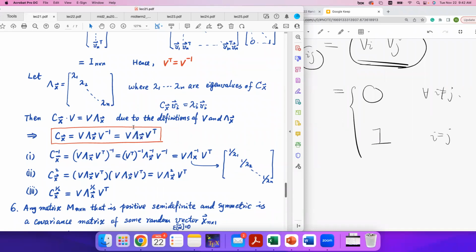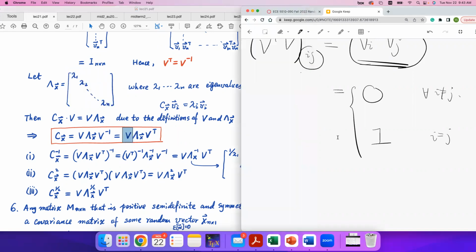You can view this diagonal matrix as similar to the Fourier coefficients, like the spectrum of a signal. So the diagonal eigenvalues are the spectrum of this matrix, and V forms the basis.